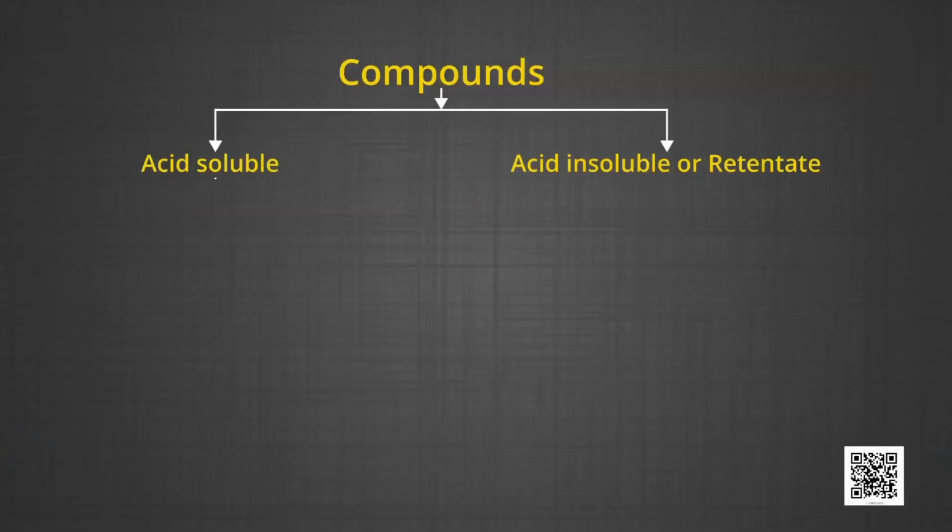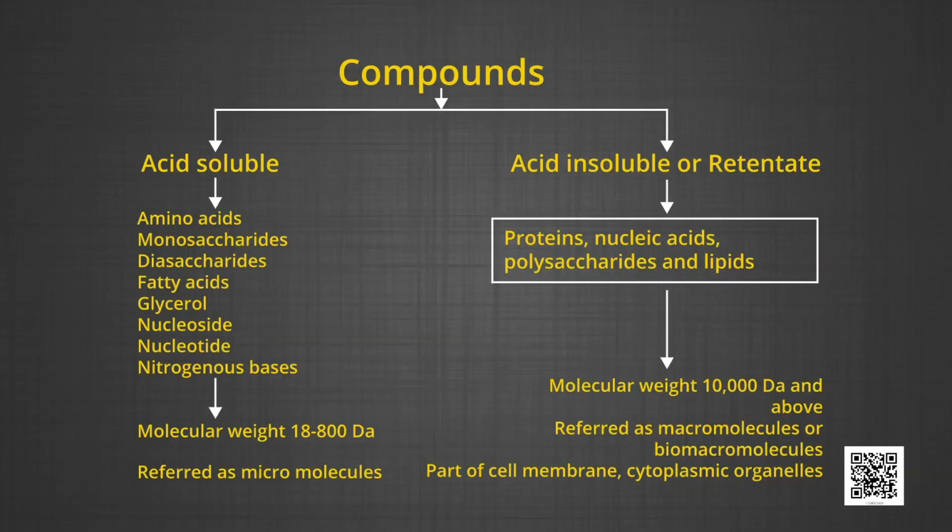So, in a nutshell, a compound is divided into two categories: one is the acid soluble pool and the other is acid insoluble, for which you can also use the word retentate. The acid soluble pool includes amino acids, monosaccharides, disaccharides, fatty acids, glycerol, nucleosides, nucleotides, nitrogenous bases. But in the acid insoluble pool, there are only four categories: proteins, nucleic acids, polysaccharides and lipids.